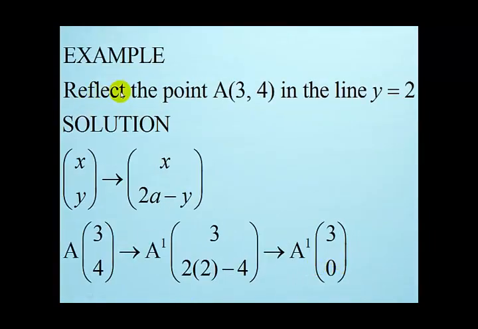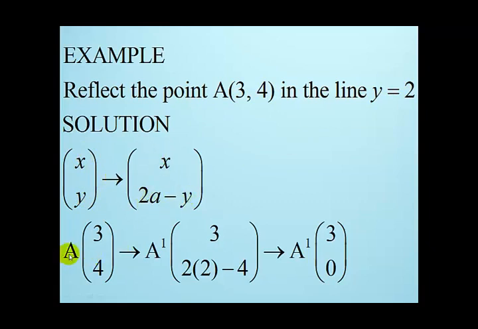Example. Reflect the point A, 3, 4 in the line y equals 2. Now we are asked to reflect the point A, 3, 4 in the line y equals 2. That means that the constant a is now 2. Now from the rule, xy maps to x, 2a minus y.